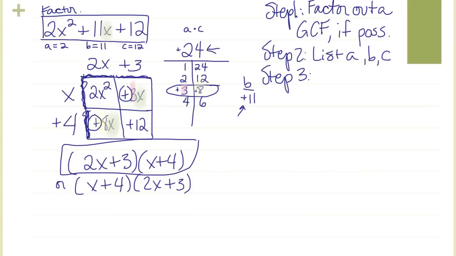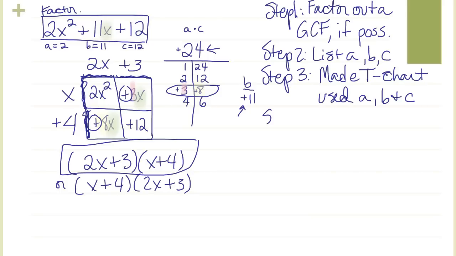These are your notes. Okay, step 3, after we listed A, B, and C, we made the T-chart, or if you want to say the magic X, we made the T-chart and used A, B, and C, because sometimes people forget about A, because when A is 1, we can get lazy and forget about it. So then we use the T-chart to find the factor pair that was going to work for us.